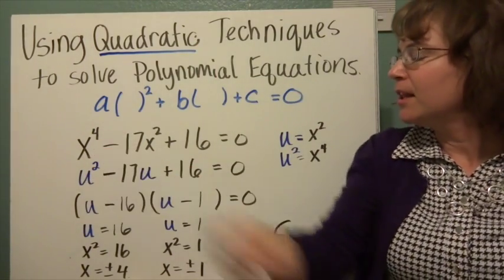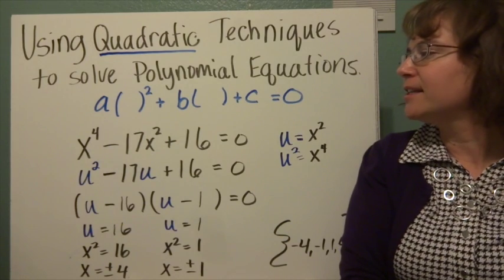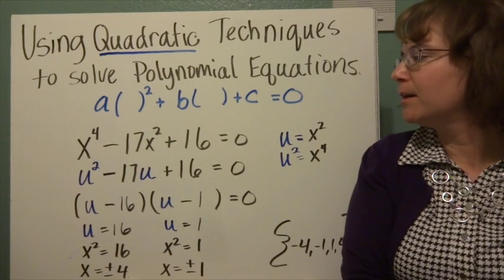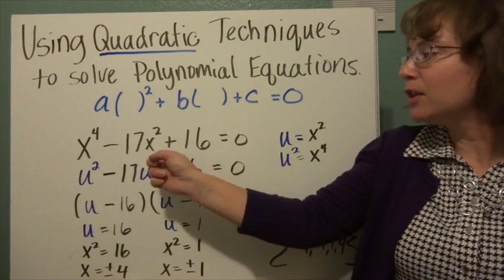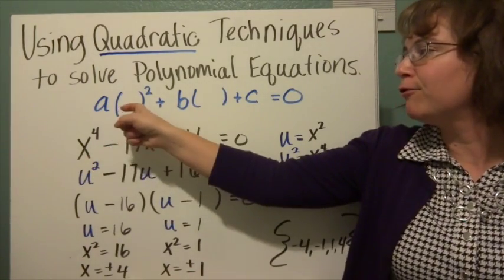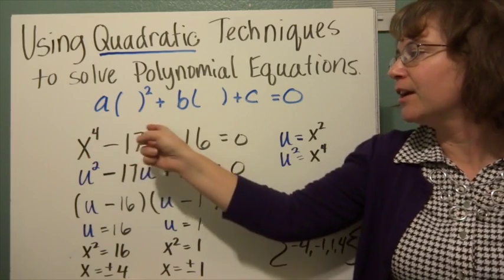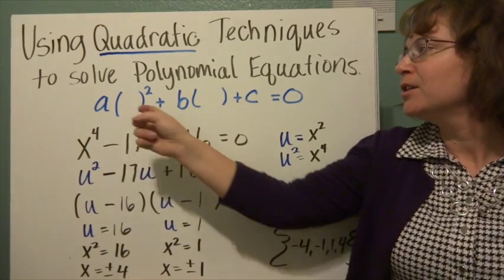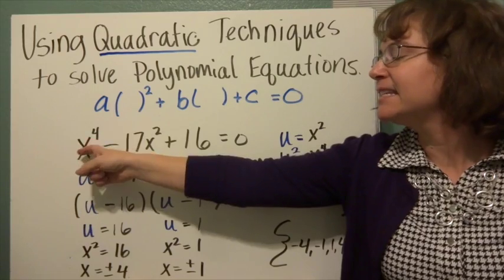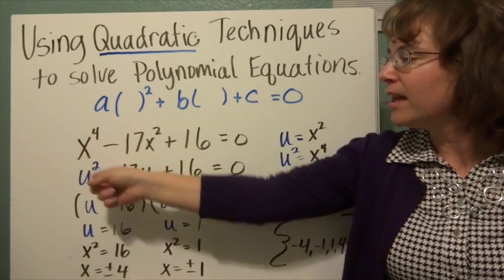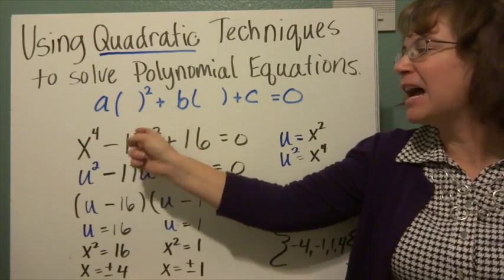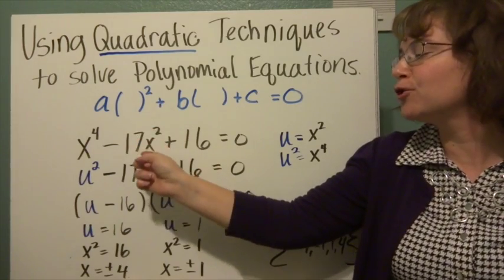So for example, let's look at the polynomial x to the fourth minus 17x squared plus 16. Now it looks very close to my form up here, except I have a fourth power here and a second power here. So I'd really like to write that as something squared. I want this to be an x, or to a first power.